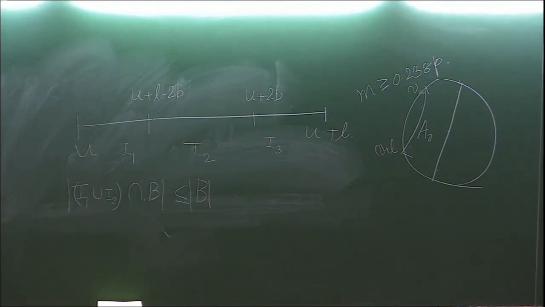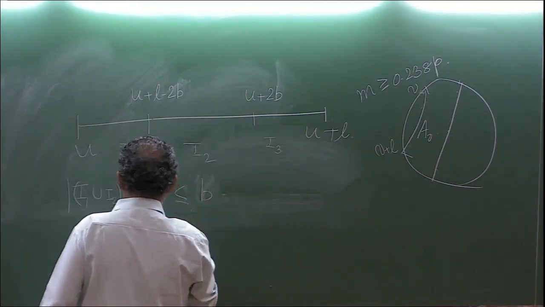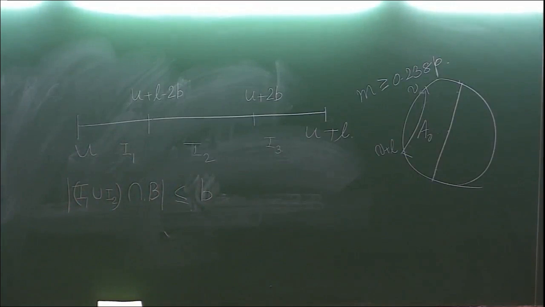We know that b belongs to B. Once b belongs to B, an interval of length 2b can contain at most b elements of B. It cannot contain more than that.